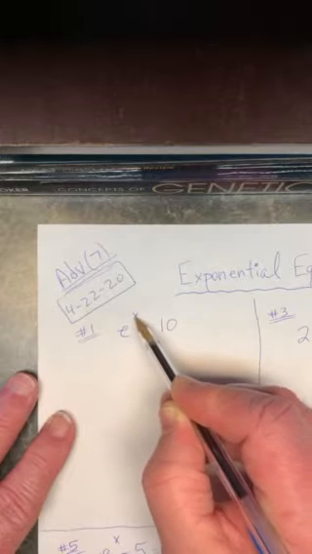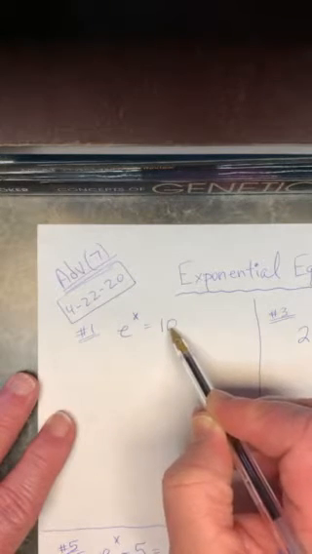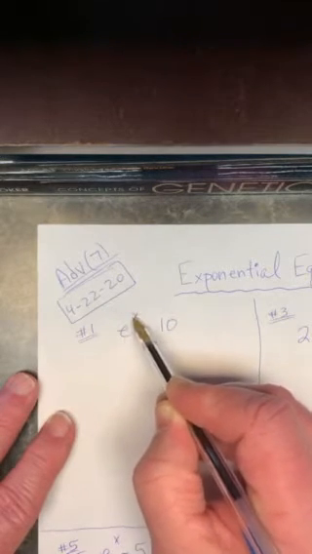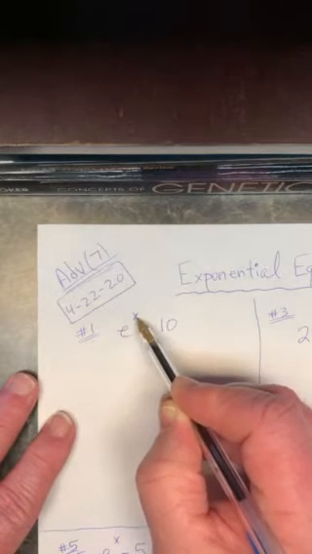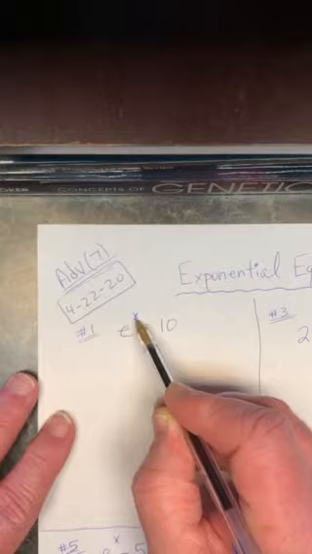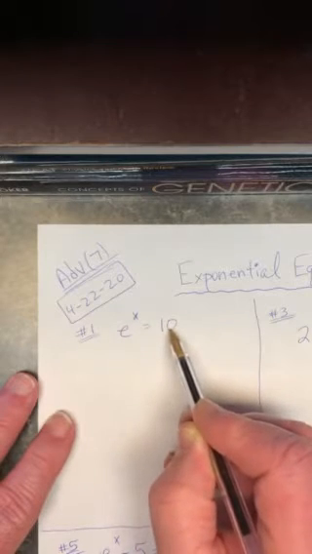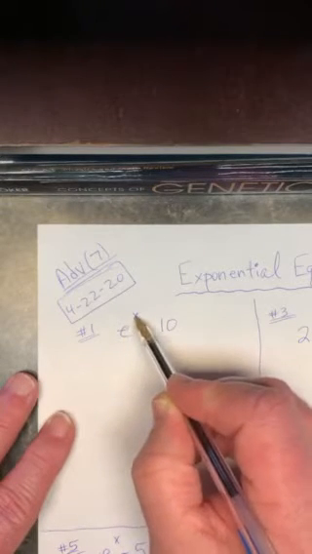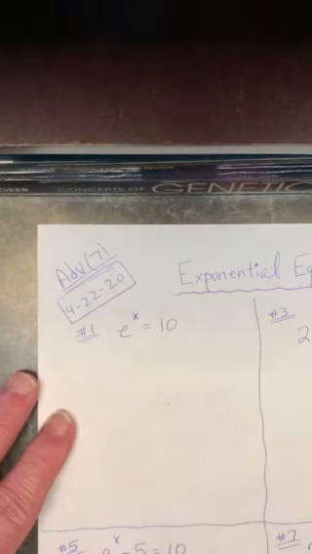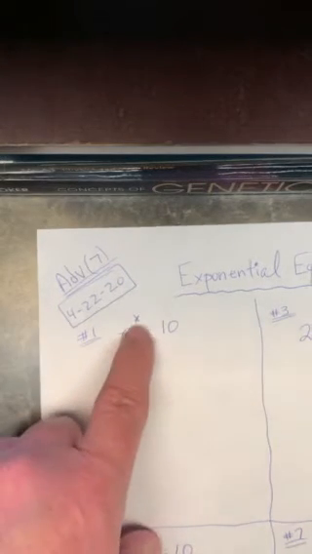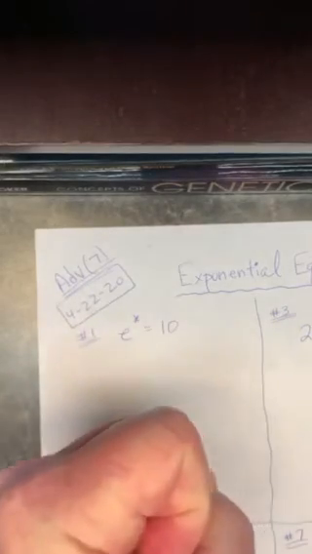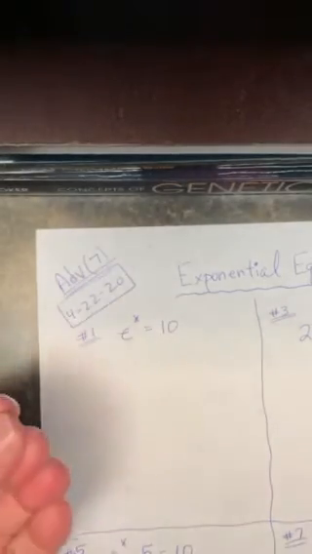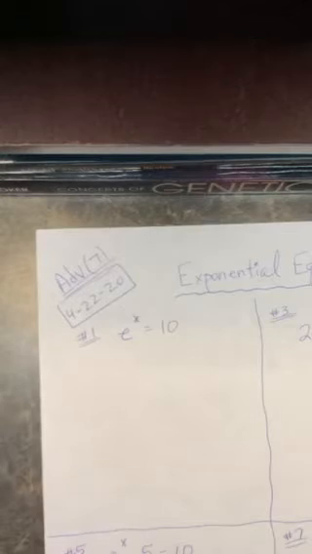So e to the first would be 2.718. E to the second, if I took 2.718 and squared it, now 3 to the second would be 9, so that wouldn't quite be 10, would it? But e to the third would probably be too big of an answer. So I'm betting that the missing exponent is probably 2 point something, but taking a guess and approximating, of course, is not going to work.